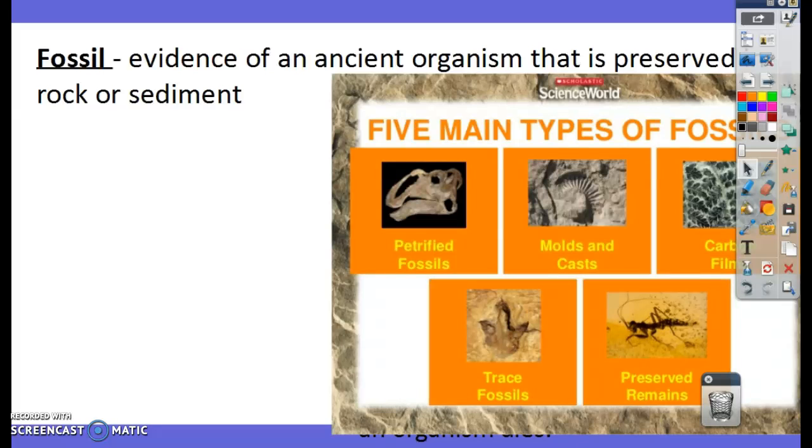So if we think about the words that are up here, preserved means like saved or kept. So we can think of preserved as being saved or kept.